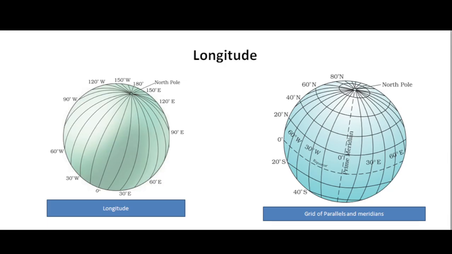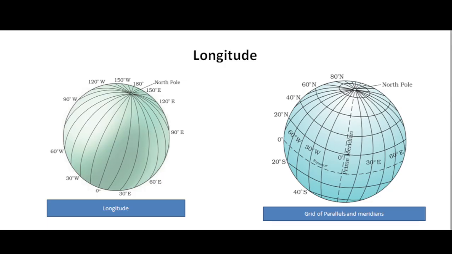Now in order to locate them precisely, we must find out how far east or west these places are from a given line of reference running from the North Pole to the South Pole. These lines of reference are called the meridians of longitude, and the distances between them are measured in degrees of longitude. Each degree is further divided into minutes and seconds.